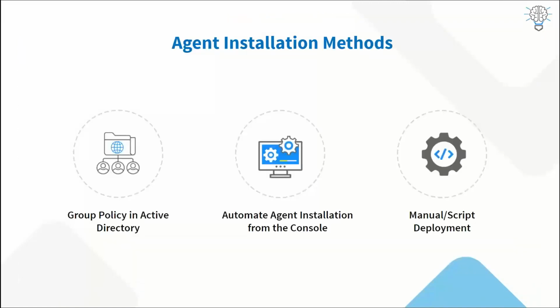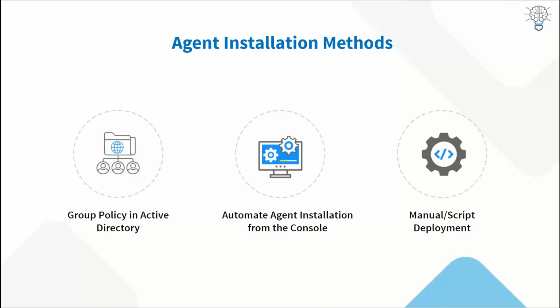Agent installation. Desktop Central runs on a client-server model, which means you need to have the agent installed on all your endpoints to manage them. To facilitate agent installation, we recommend three methods. One is through a group policy startup script in your Active Directory. You can simply download the application setup and push it using a GPO.